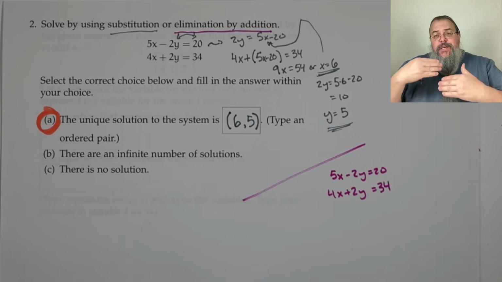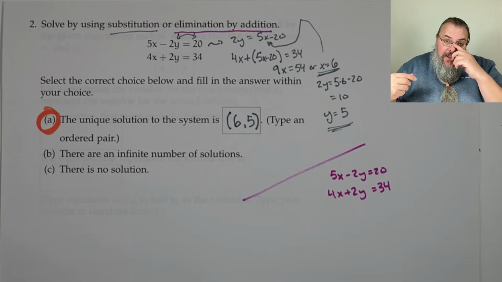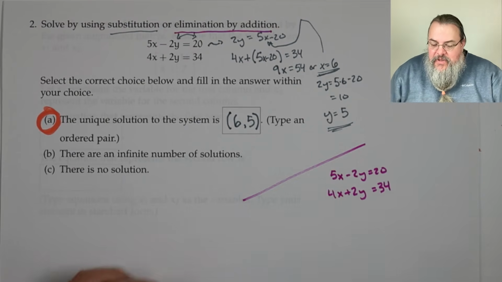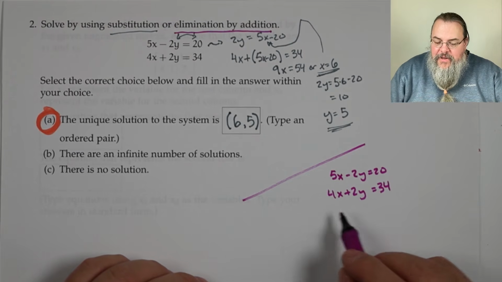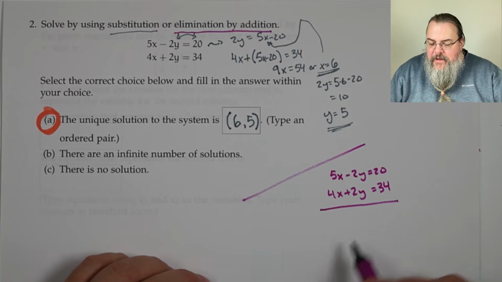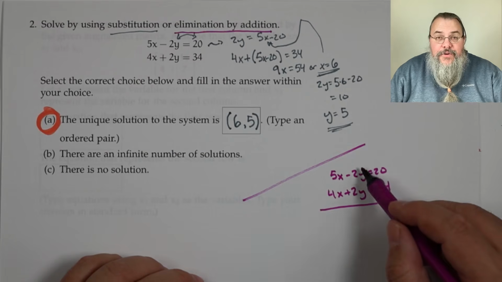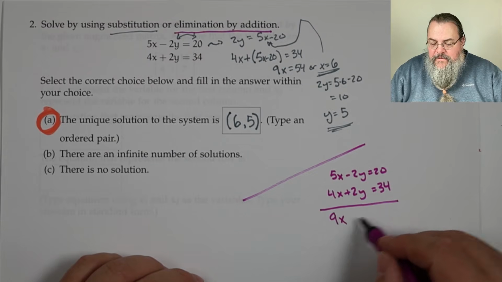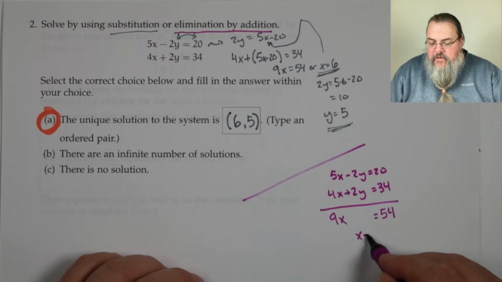Now, oftentimes we're going to scale in such a way that we get cancellation, but sometimes we're lucky and the stars align. And we say, well, hey, I think this is one of those times. Because if we just straight up add, we're not always going to be this lucky, but notice what happens. The two y's cancel. And we end up with 9x equals 54, or divide by 9, x equals 6.